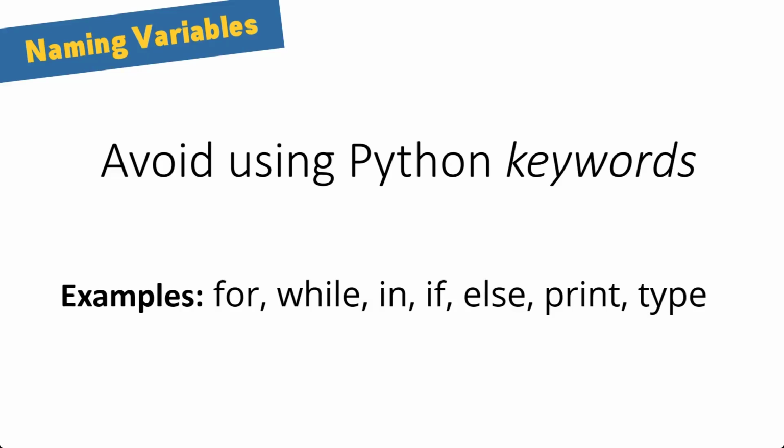Now, if you use a keyword as a variable name, Python might think you're trying to use the keyword's special meaning, instead of just using it as a variable. To avoid this confusion, it's best to just avoid using keywords as variable names altogether.